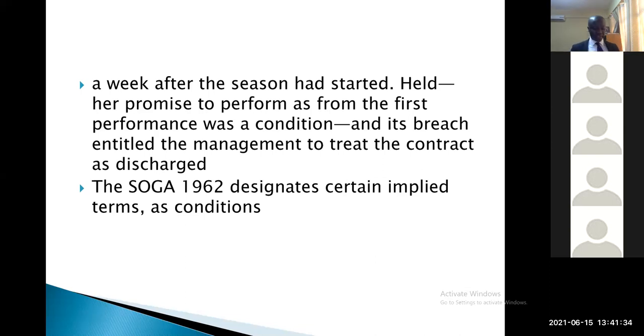Now, a question which may come up is this. How do we know whether a term is a condition? Of course, we know what the condition is, but how does it become a condition? Is it the parties that will say that it is a condition, or is it the court?